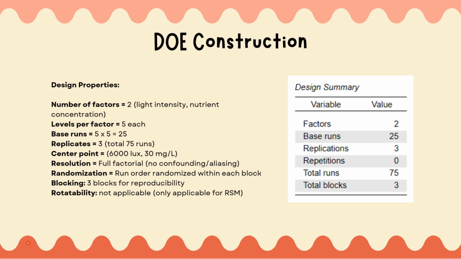So for blocking, we will be having 3 blocks for reproducibility, and rotatability is not applicable for this experiment because it is only applicable for RSM, but we are conducting full factorial. We can also refer to the design summary generated by JMP, shown on the right side of this slide.